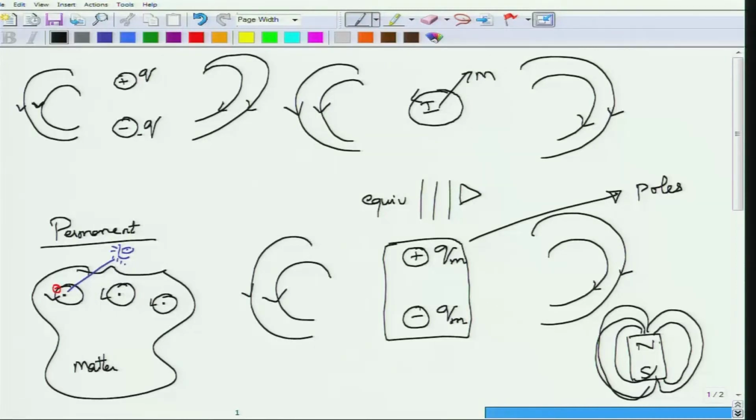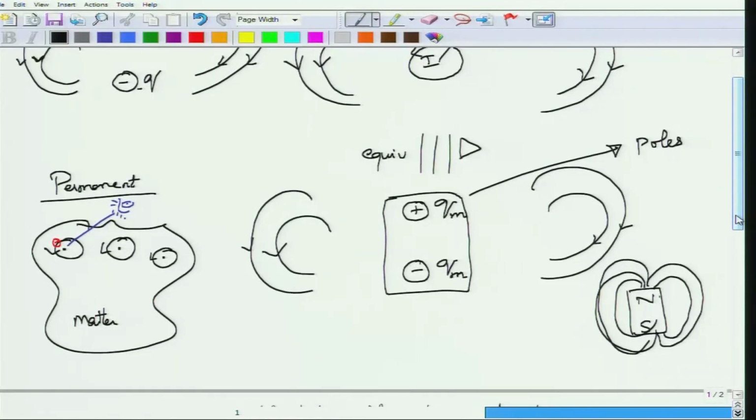So, to model magnetic material, we introduce, just as we did for the dielectric material. Remember what we did for dielectric material? We had these dielectric moments, and then we introduced a quantity called polarization P, which was the electric dipole moment per unit volume.